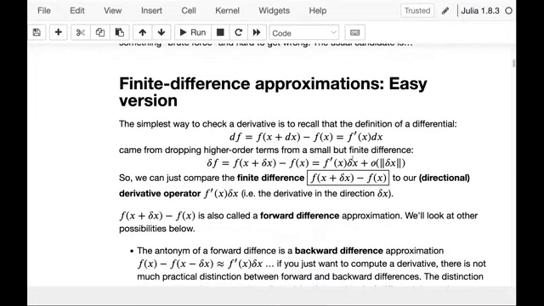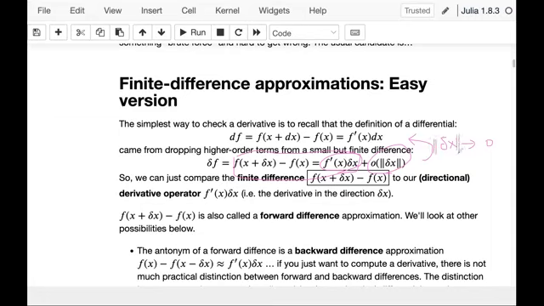So this formula, this finite difference formula, is an approximation for the derivative times delta x, but it's dropping higher order terms. This only becomes exact in the limit as delta x goes to 0. Strictly speaking, I should maybe say the norm of that goes to 0.